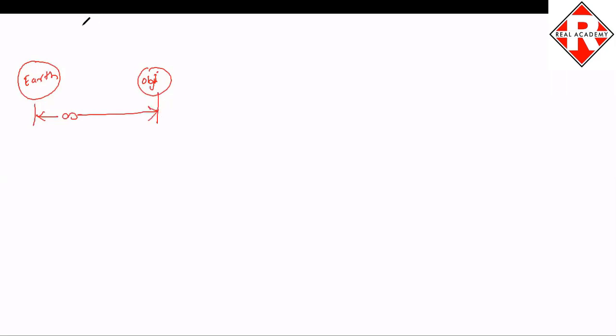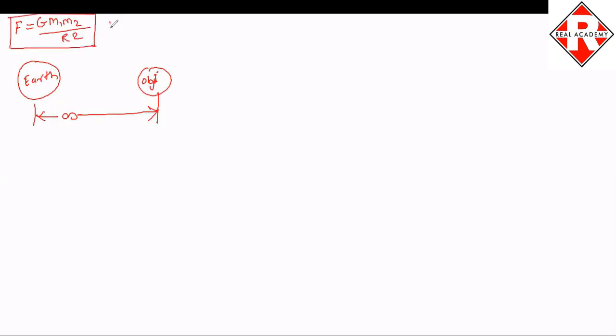We had just discussed, if you remember, Newton's universal law of gravitation. So what had we discussed in that? Do you remember the formula that we had applied on it? It states that F is equal to G times M1 M2 upon R square. We have discussed this already, correct?